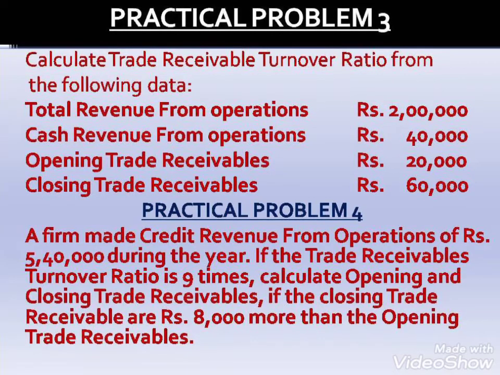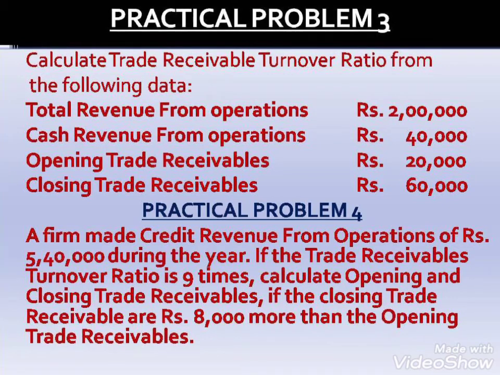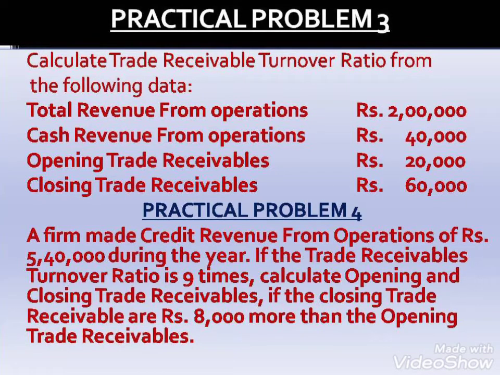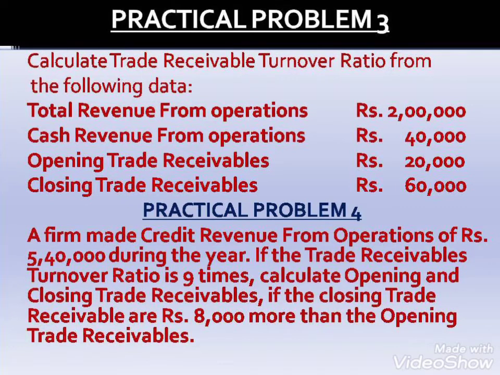If the trade receivables turnover ratio is 9 times, calculate opening and closing trade receivables, if the closing trade receivables are Rs 8,000 more than the opening trade receivables. This is another form of the practical problem to calculate trade receivables turnover ratio. Now let us go through the practical part of this.